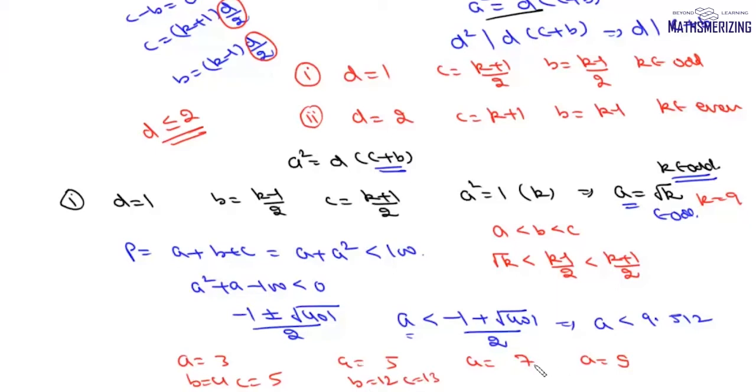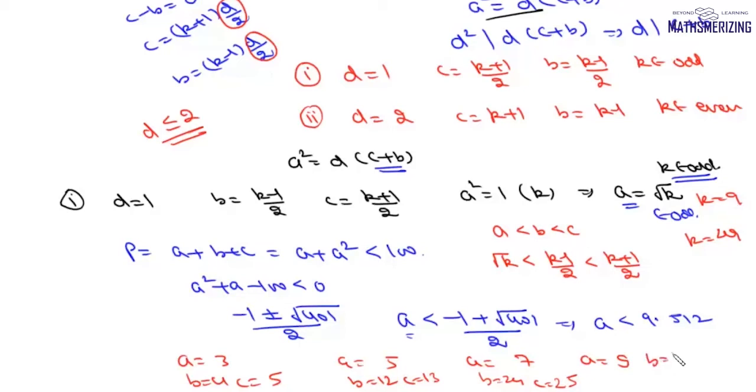Now when A is 7, value of K will be 49. Then the value of B will be 49 minus 1, which is 48. 48 by 2 is 24. So value of B will be 24 and value of C will be 50 divided by 2 and it should be 25. And then when A is 9, value of K is 81. 81 minus 1.